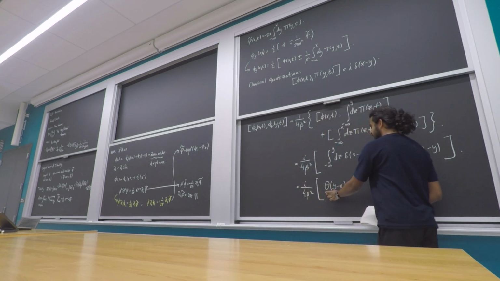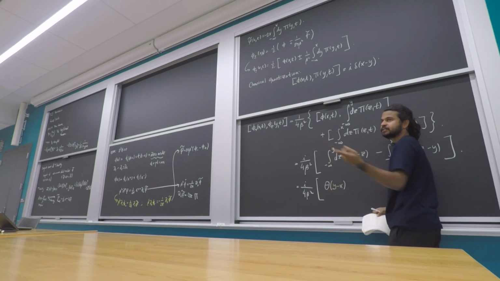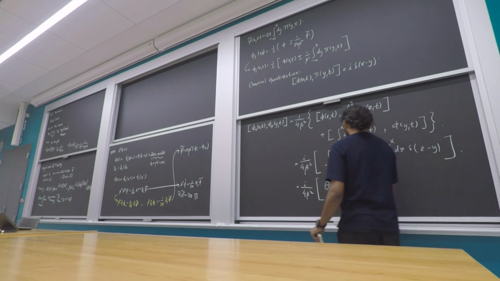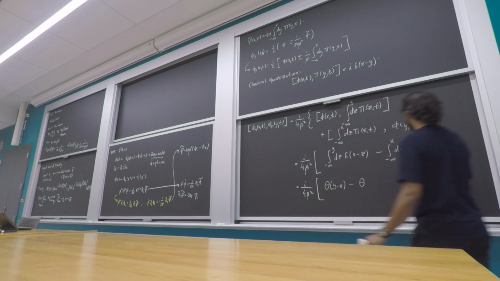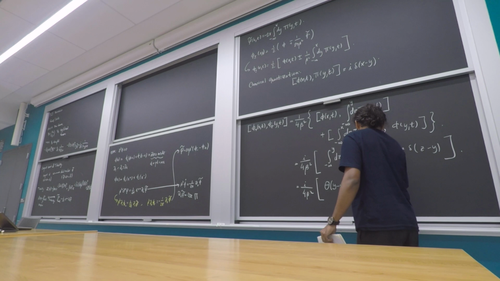This is Heaviside theta, which is 0 if the argument is less than 0, and 1 if the argument is greater than 0. So whenever y is more than x, I have the integral and it's equal to 1. And here it's the opposite, so I have theta of x minus y.